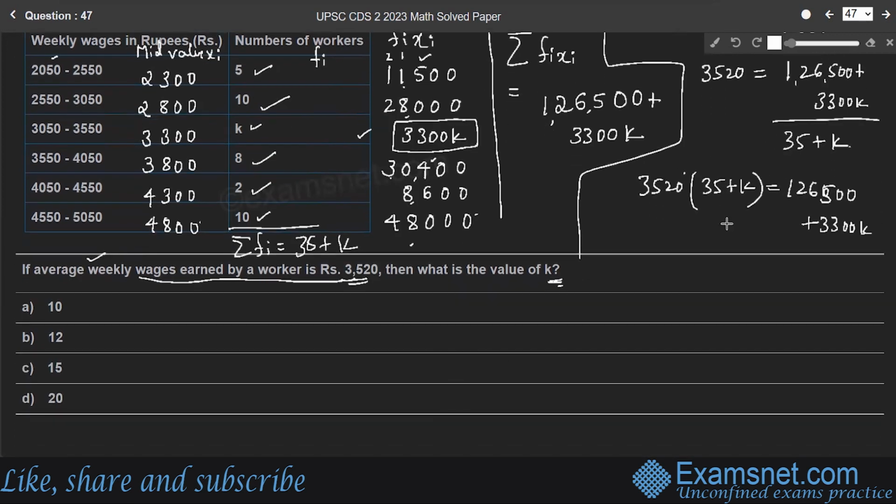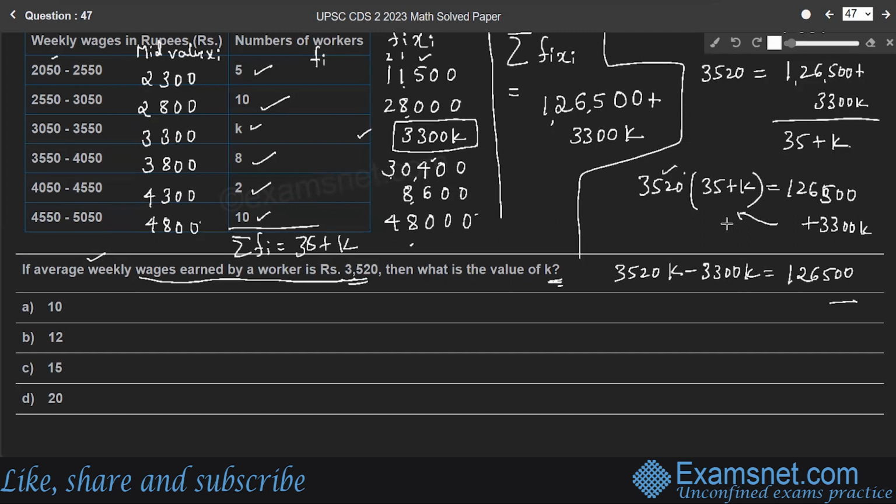Now we just take this to the LHS part. So 3520 into K minus 3300 into K is equal to 1,26,500 minus 3520 into 35.